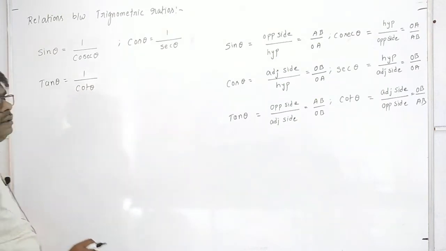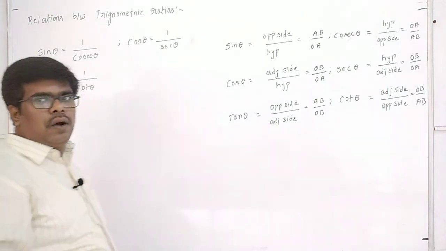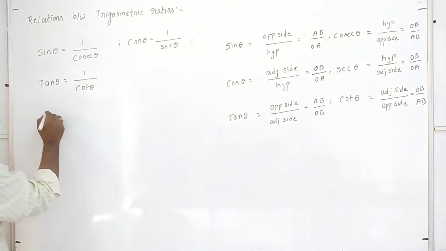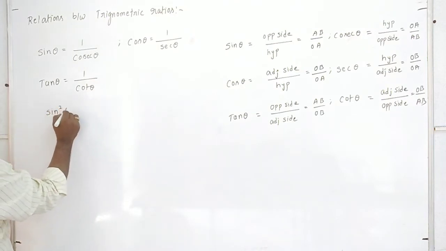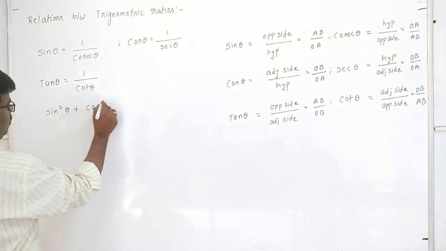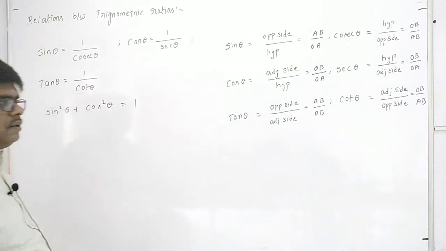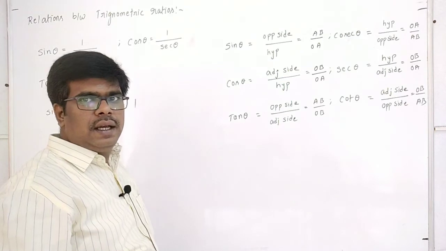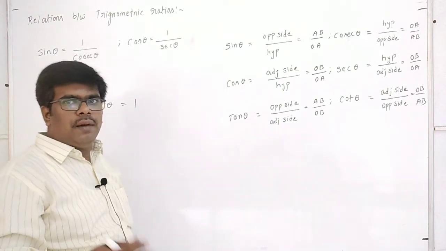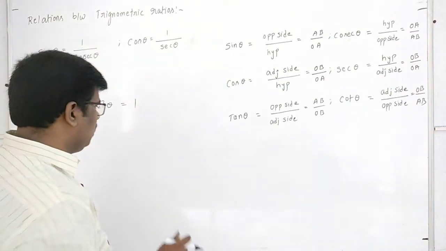And the relation between sine and cos is sine square theta plus cos square theta is equal to 1. Sine square theta plus cos square theta equal to 1. This you can also prove from the Pythagoras theorem.